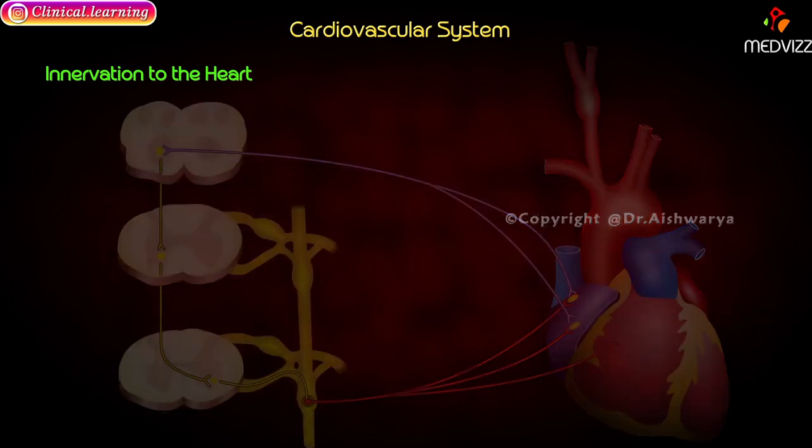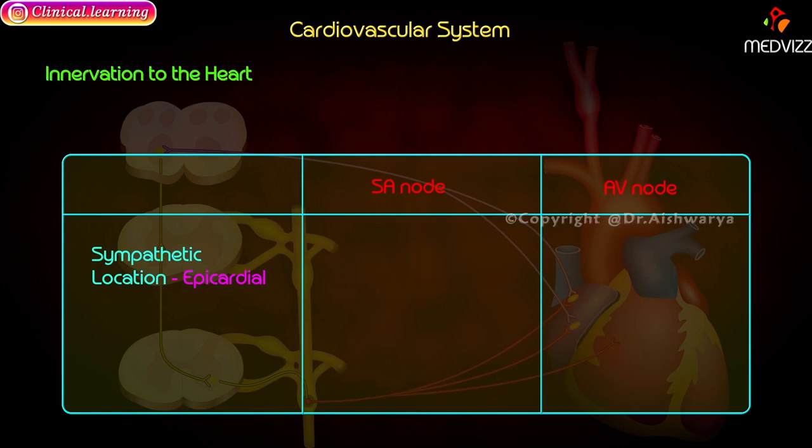For example, the sympathetic location is more commonly epicardial, where the SA node is innervated by sympathetic fibers from the right stellate ganglion, but the AV node is mainly from the left stellate ganglion.